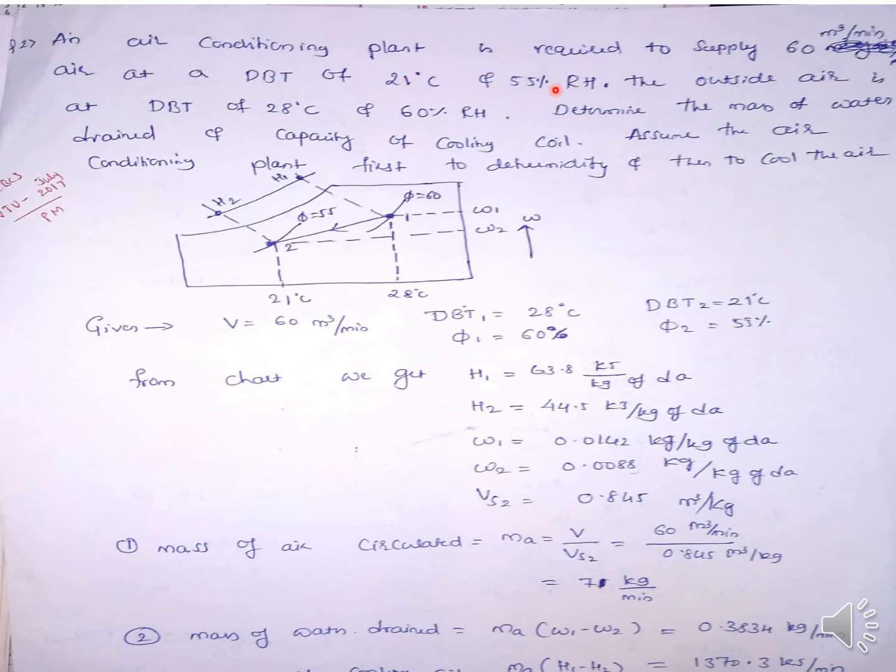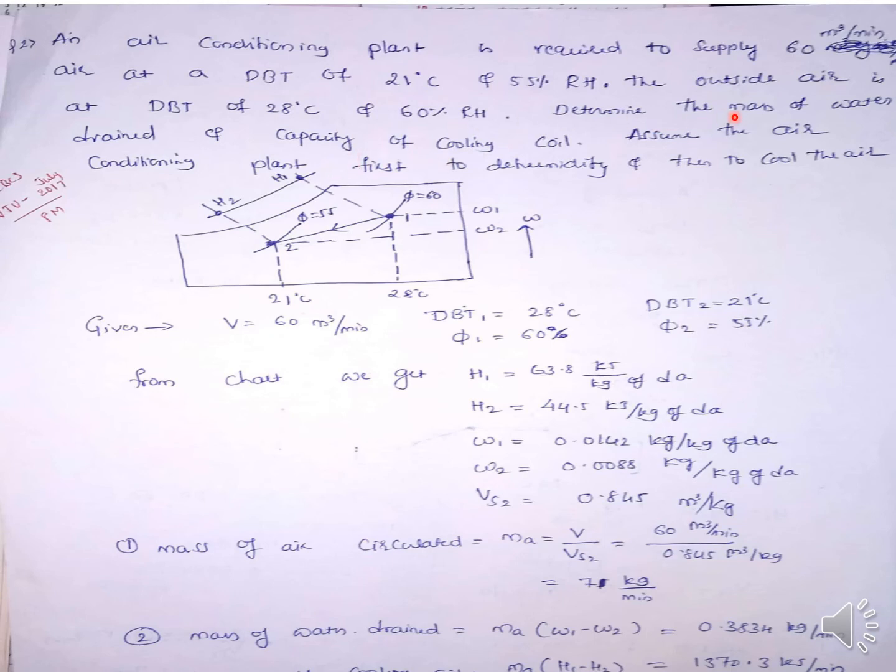We require these conditions in the space, with this supply again. The outside air conditions are 28 degree DBT and 60% RH. So first initial conditions are given, final conditions are given. So now we know how to solve the problem. Determine the mass of water drained and capacity of cooling coil.